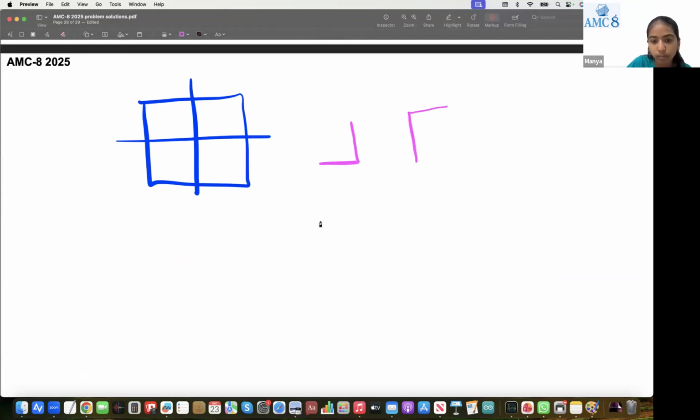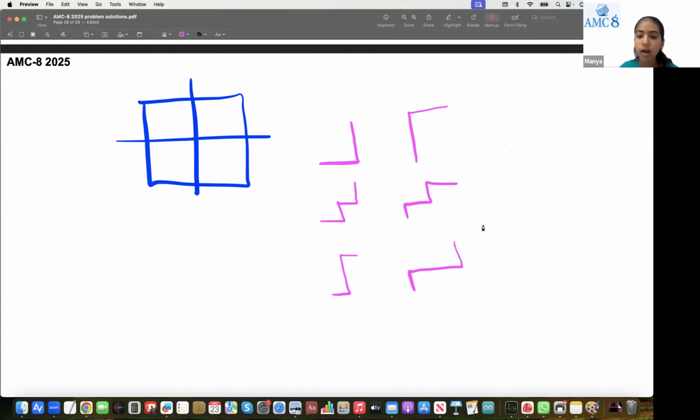We can also go from right, up. We can also go from up, right. Sorry, let me draw this over here. Another way would be maybe right, up, right, and our last possible way would be up, right, up.